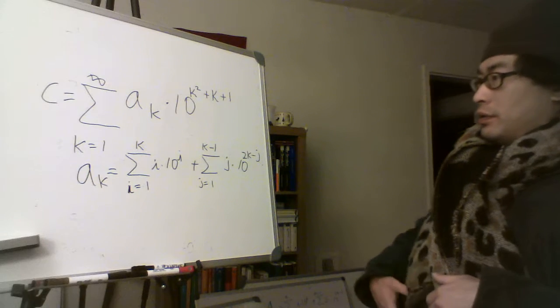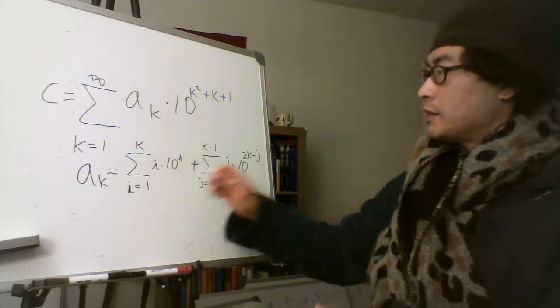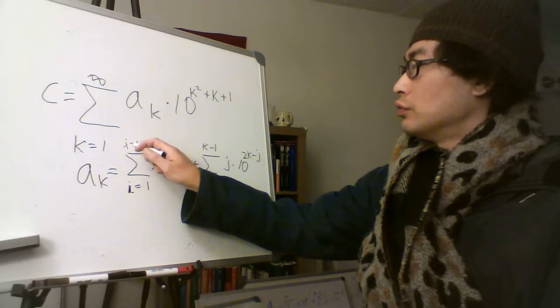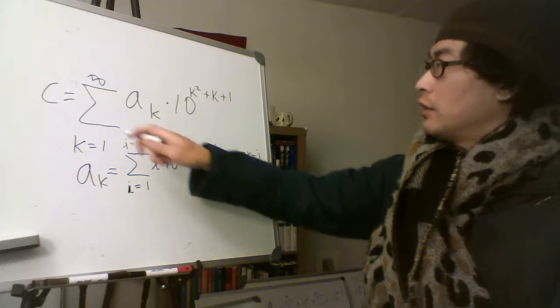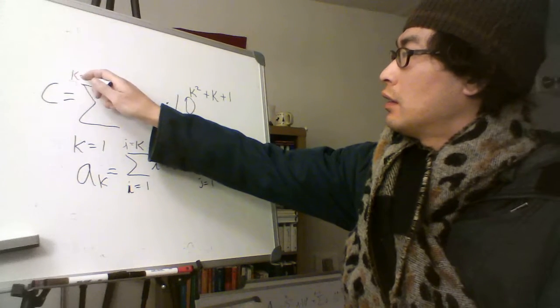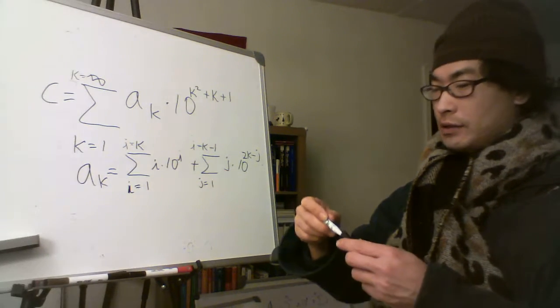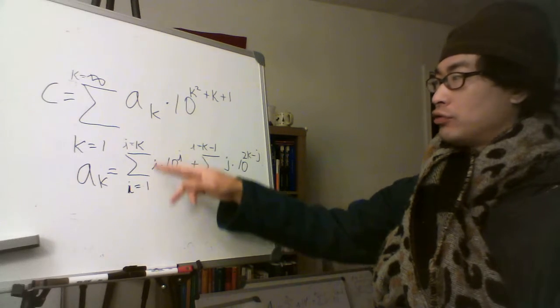So this means I goes from 1 to k. I is a variable. I varies, changes from 1 to k.